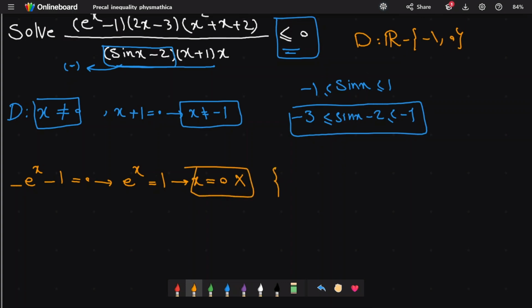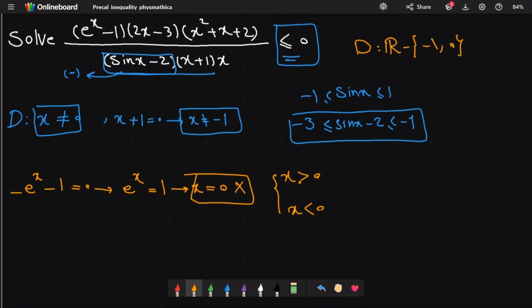But let's take a look at the signs. If x is positive and if x is negative, considering that we are taking a look at this factor here, e to the power of x minus 1. If x is positive, e to the power of x minus 1 is going to be positive, and if x is negative, e to the power of x minus 1 is going to be negative.